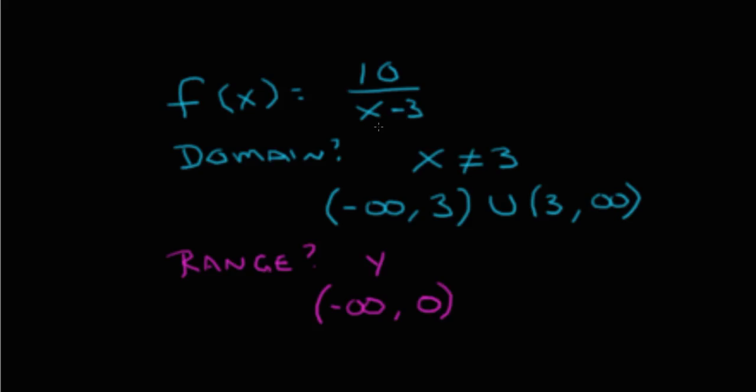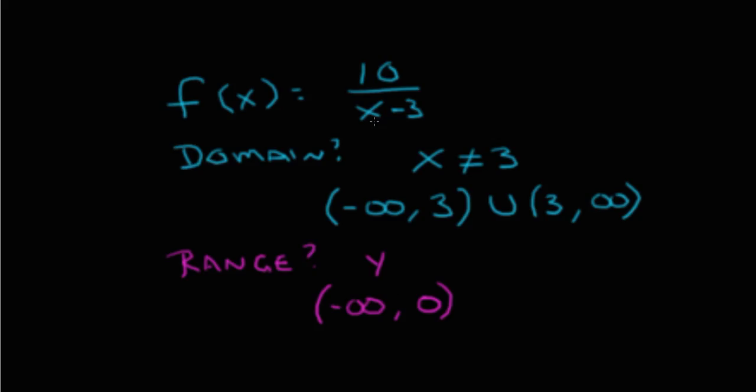Because we're never going to get to 0 here: in order for it to be 0, this 10 would have to be 0, or this denominator would have to be 0, but we know we can't have that. So this range will never equal 0.